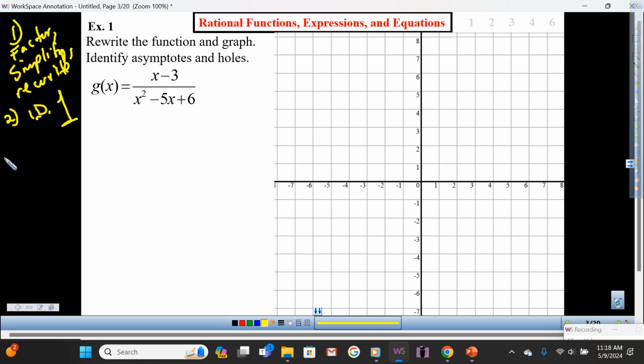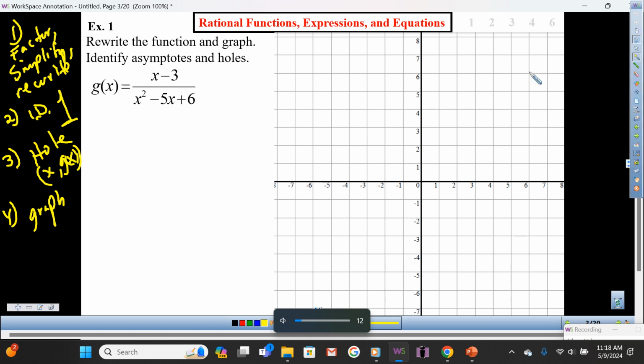Step 3, we need to find our hole and put in parentheses x, g of x, and you'll see that once we get there. And the last step, step 4, is graph, and by now we know how to graph using our VA and HA. Simple steps, all right? I'm going to leave it there so that you guys can follow the steps.